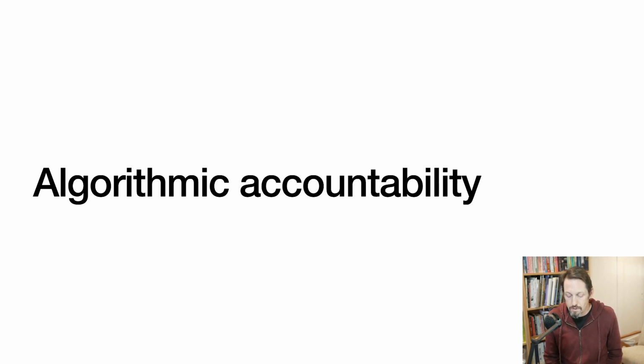So let's talk a little bit about accountability. This is a brand new topic, actually, a completely different direction. So I'm going to break here. I'll do a set of super short ones.